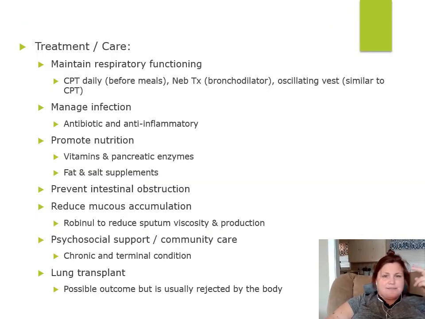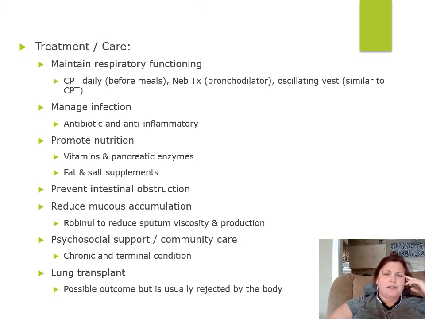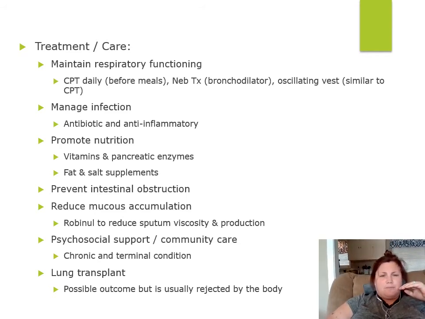So I've laid out some treatment and care in bullet form on this slide. Our main goal being maintenance of respiratory functioning. We want to provide frequent chest physiotherapy, which is that CPT, generally before meals so that they can eat without having a spell, or aspirating.